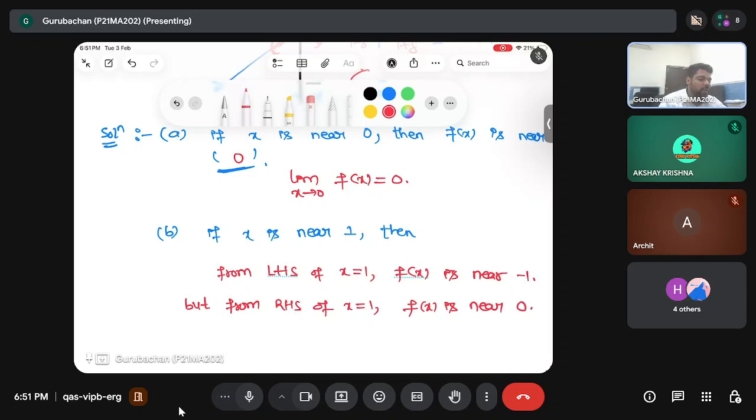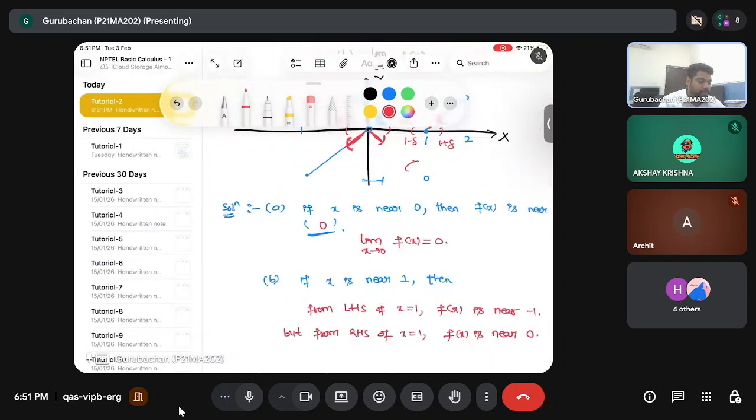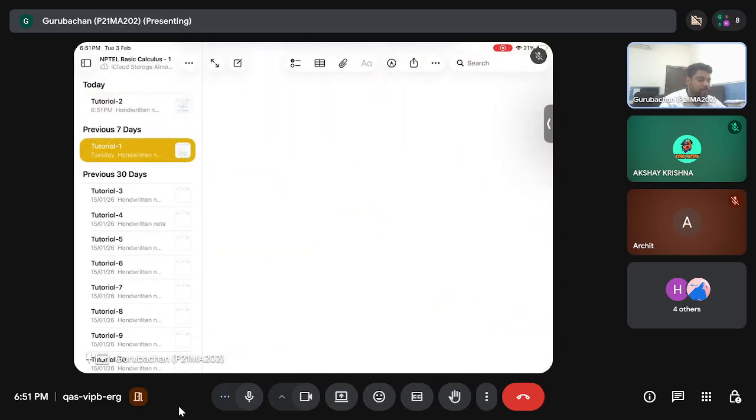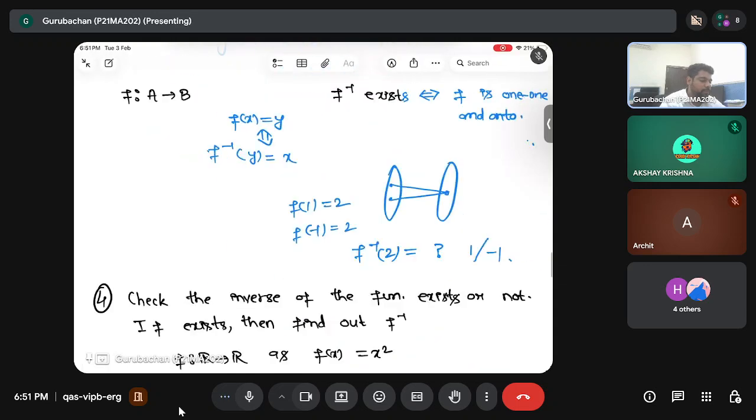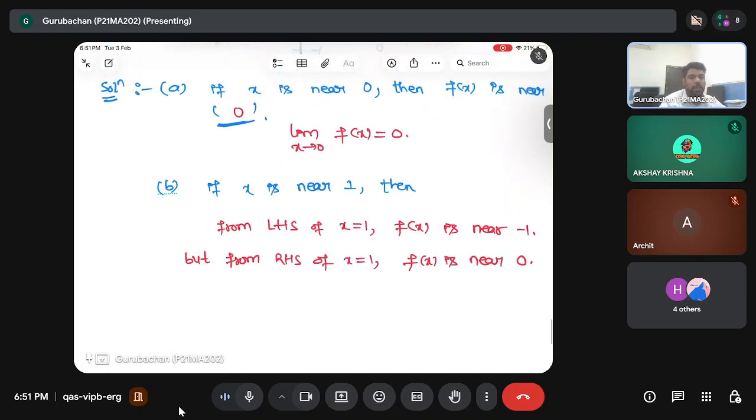So can it be possible? Tell me. Can there be two limits for the same point? Anyone?